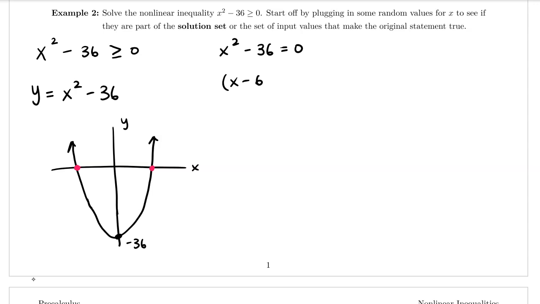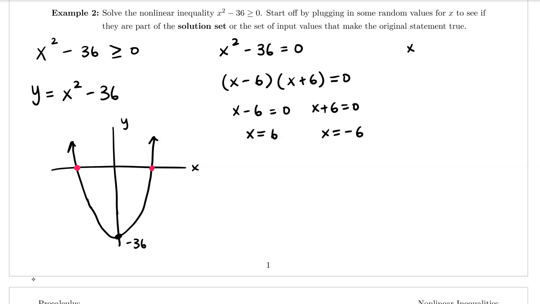So it would factor into x minus 6 times x plus 6 is equal to 0. Then from here we could use the zero product principle and set each of my factors equal to 0 and then solve for x. And if we do that, we would get x equals 6 and x equals negative 6.